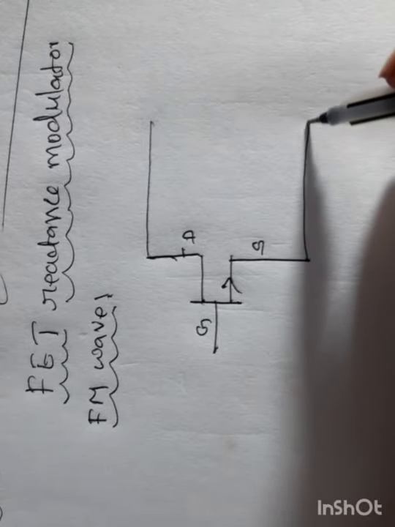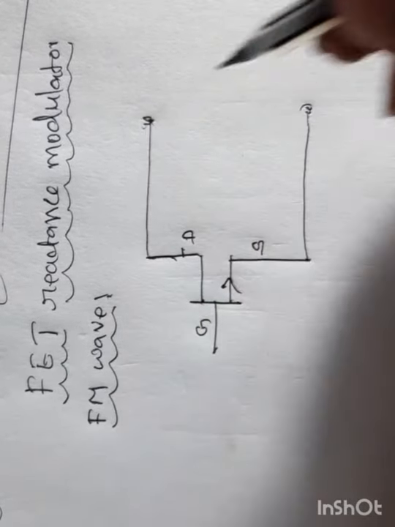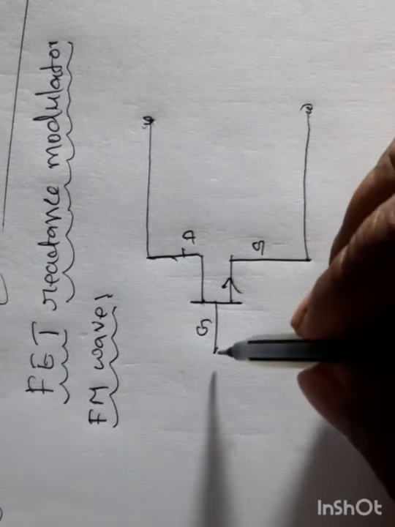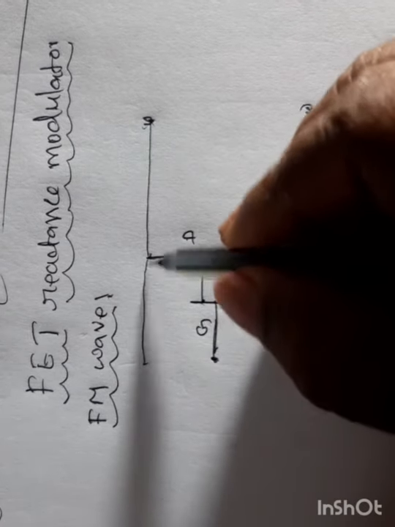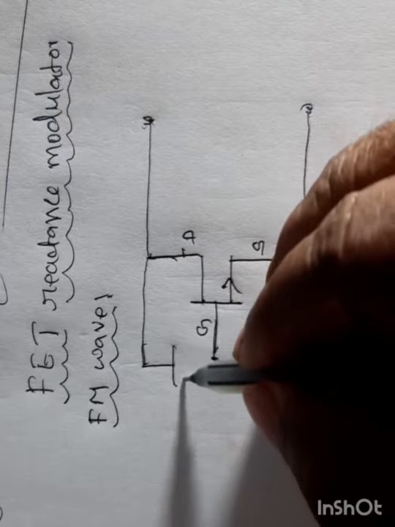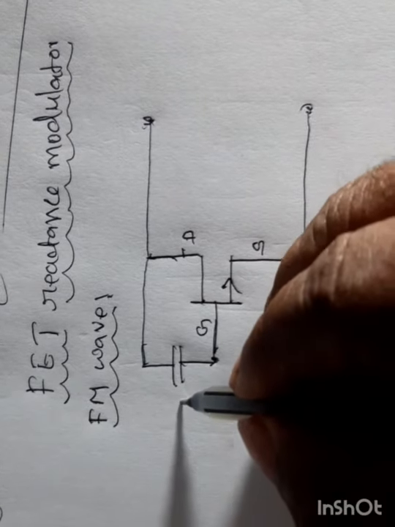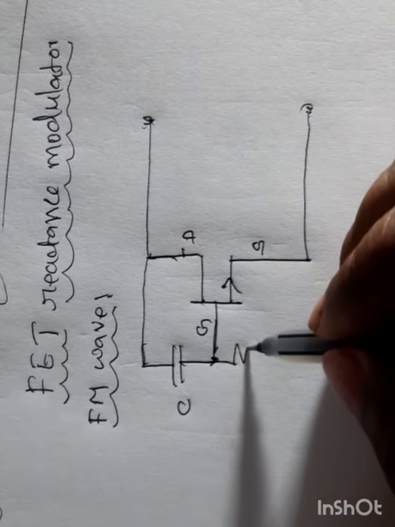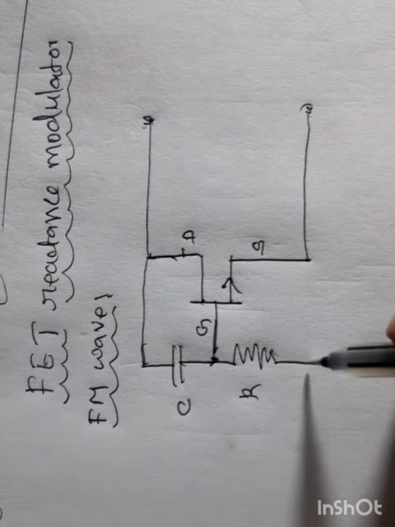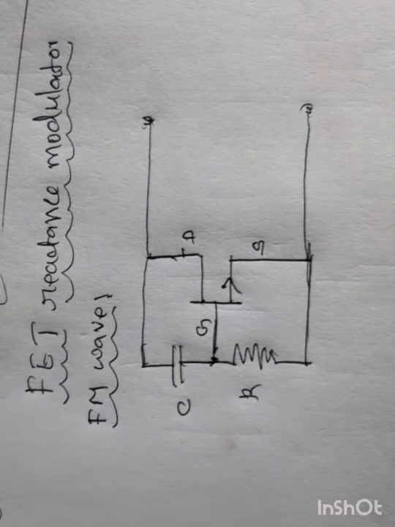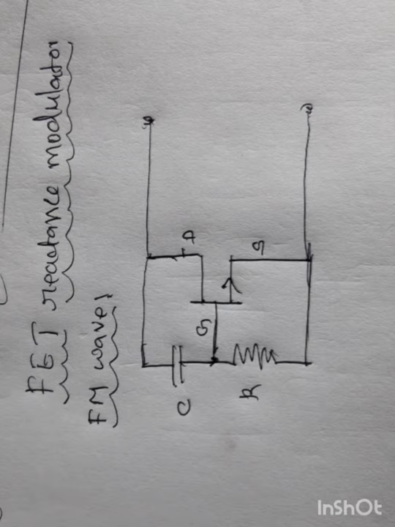This is output, and to the input gate I will connect a capacitor of capacitance C and a resistor of resistance R. This is a simple circuit which will generate the frequency modulated wave.